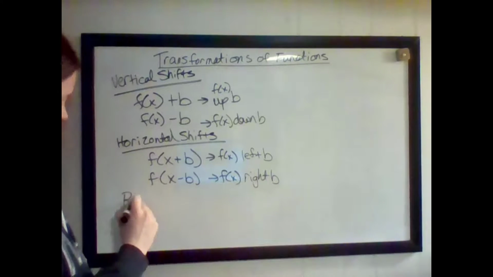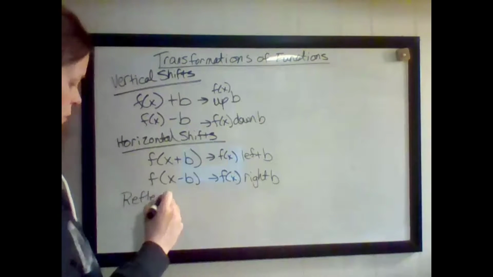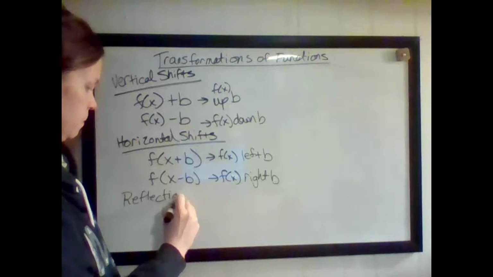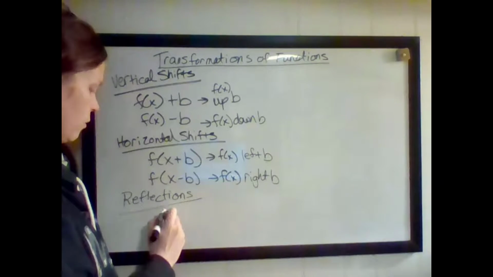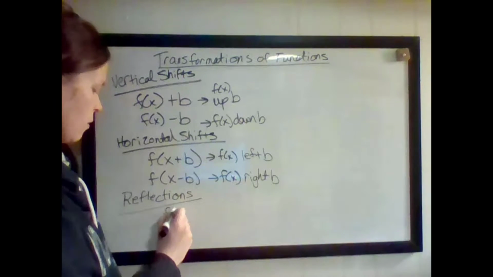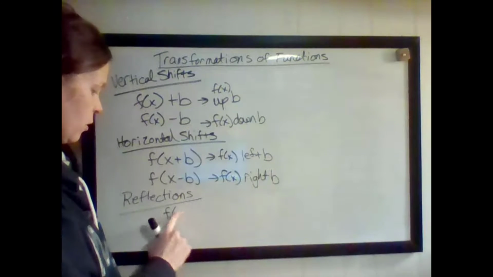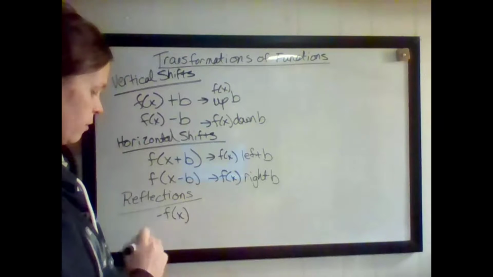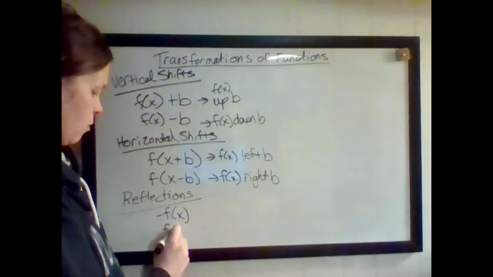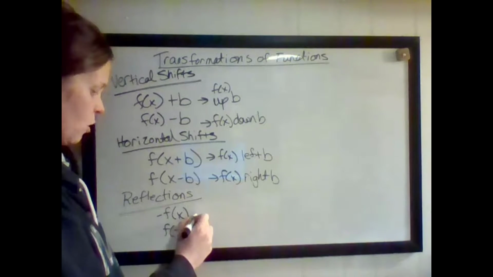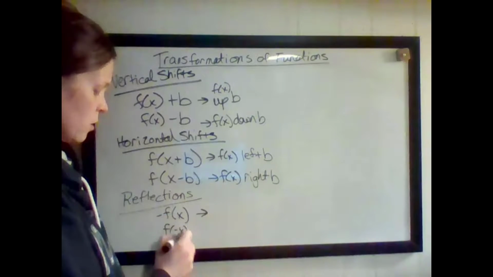Now how about reflections? If we have negative f of x, or f of negative x, so a negative sign on the outside or the inside.